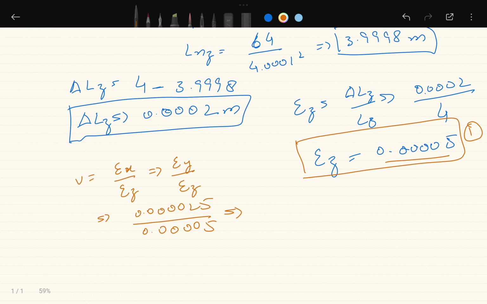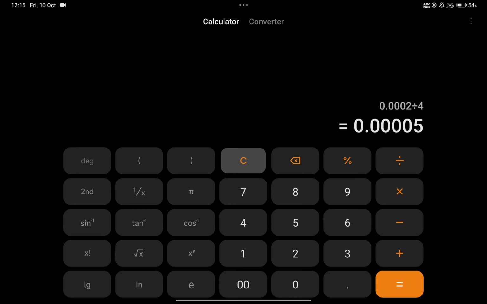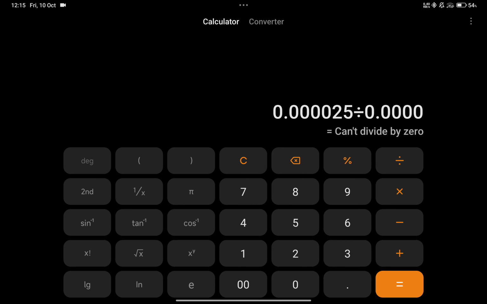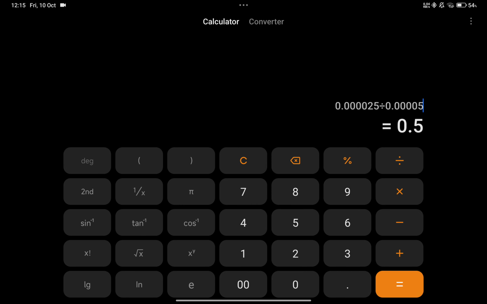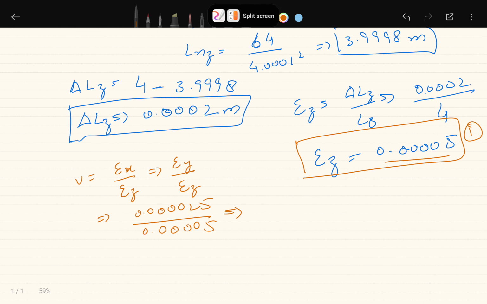So you get a Poisson's ratio of around 0.5. So your nu, however you pronounce it, is the Poisson's ratio.